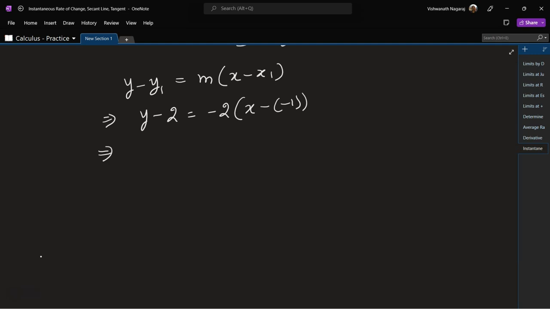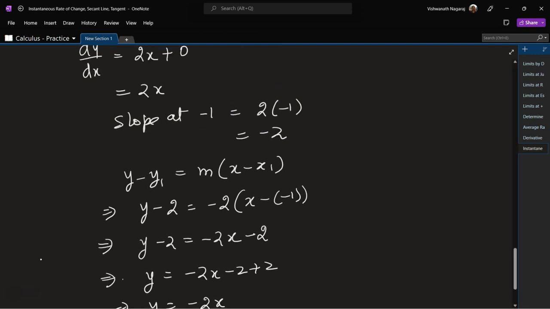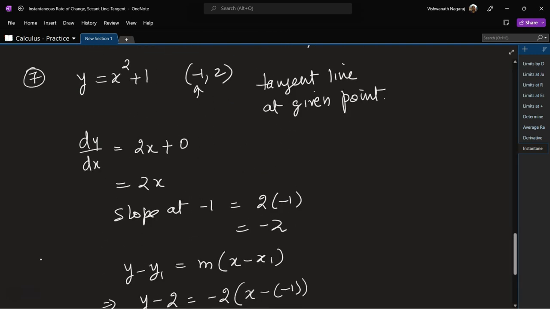Okay, so now it's just a question of simplifying. This becomes y is equal to minus 2x minus 2 plus 2, which implies y is equal to minus 2x. So this is the equation of the tangent line at minus 1 comma 2 on the curve.